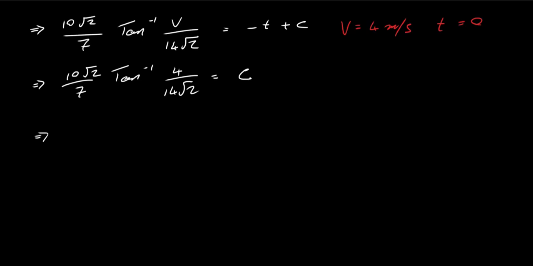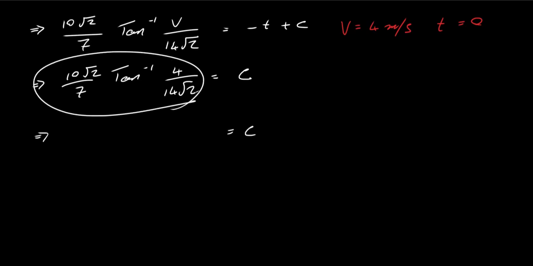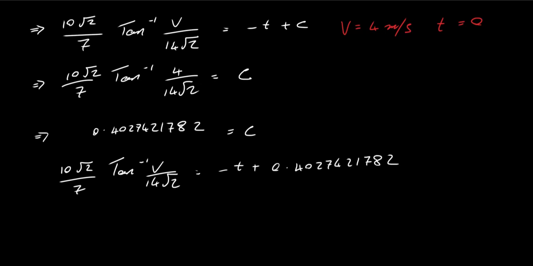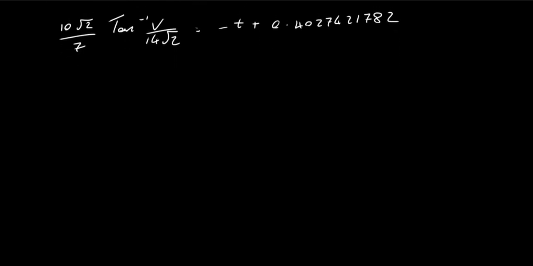So all you've got to do here really is do all of this on your calculator, and you should get 0.4027421782. Remember that we're dealing in radians here. So that will give us our equation as 10 root 2 over 7 tan inverse v over 14 root 2 is equal to minus t plus 0.4027421782.